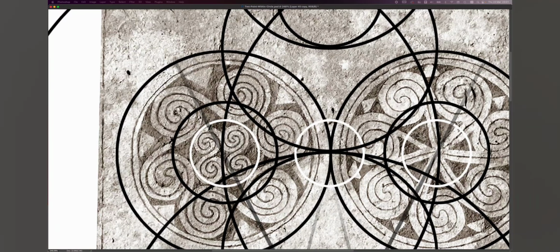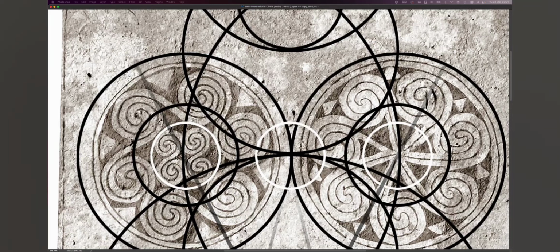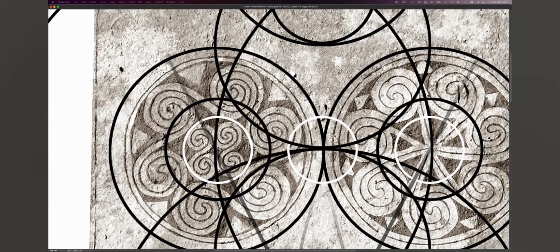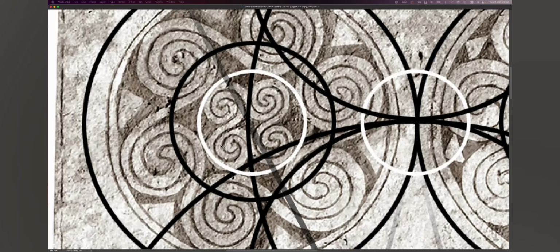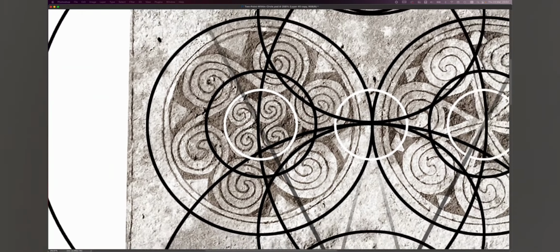And then here we have 1, 2, 3, 4, 5, 6, 7. There's more here for whatever reason. Over here, we've got 6. And in the center, we have the quadskeleton that we see on the bottom of the flower pot of Nikola Tesla.